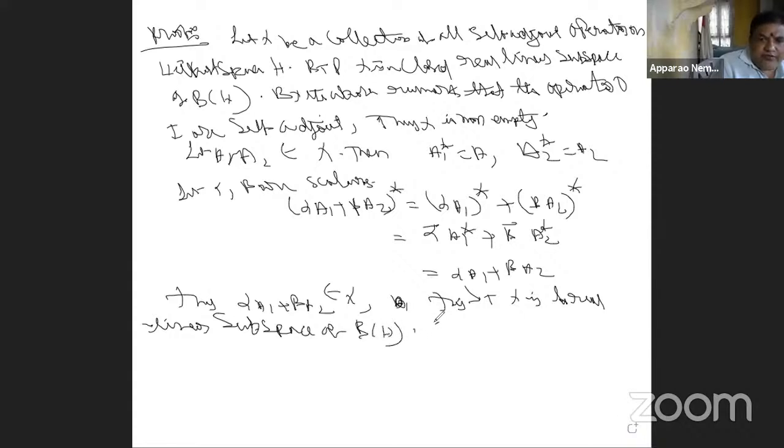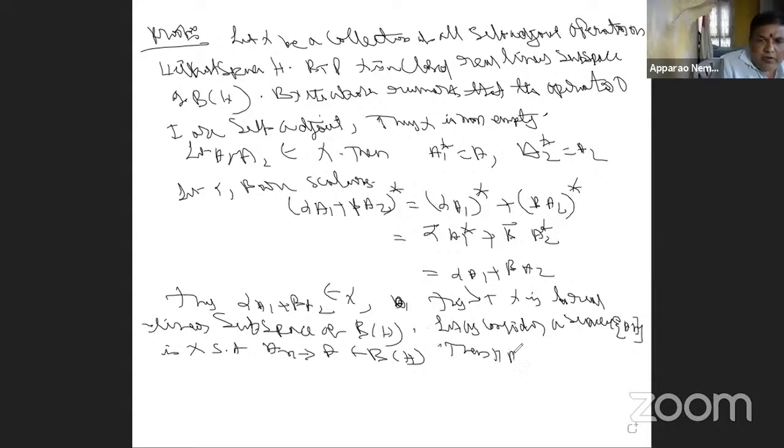Let us consider a sequence A_n in X such that A_n tends to A, which belongs to B(H). Then the norm of A_n minus A tends to 0 as n tends to infinity.